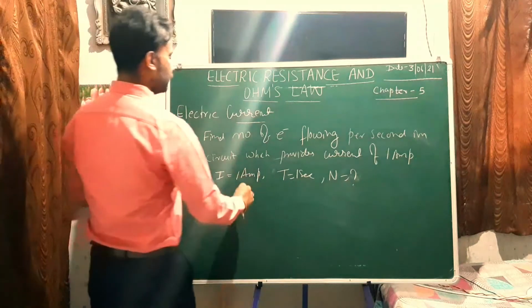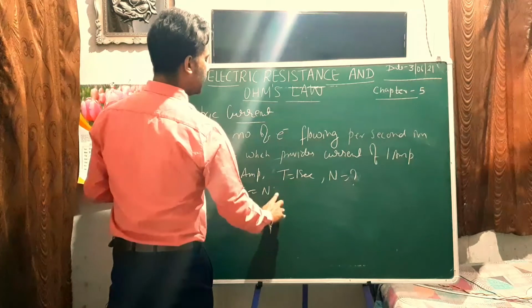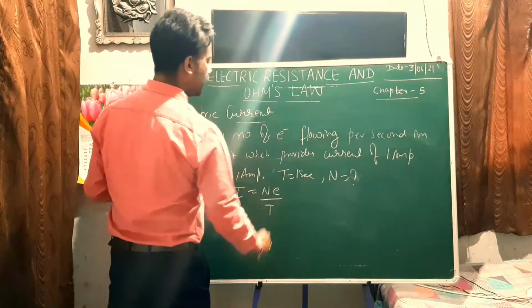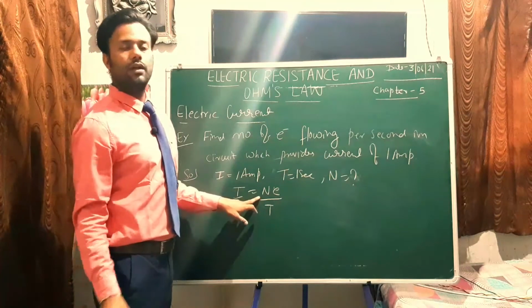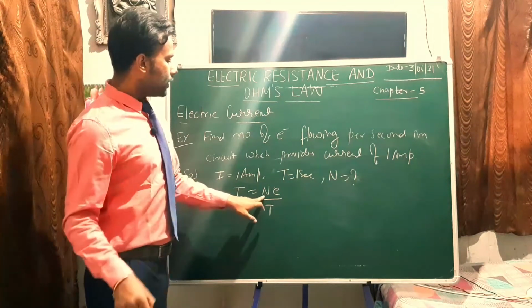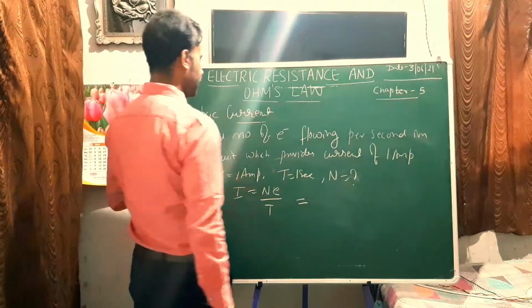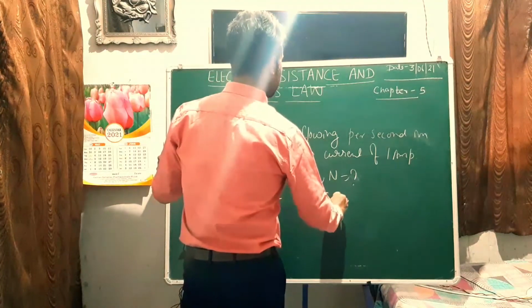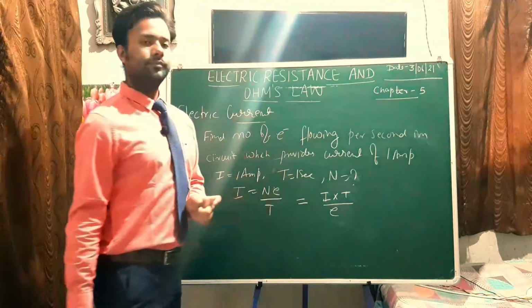So we know the formula I equals N e upon T. Because we have to find the value of N, that's why we are applying this formula, not Q by T. So N will be I into T divided by e.